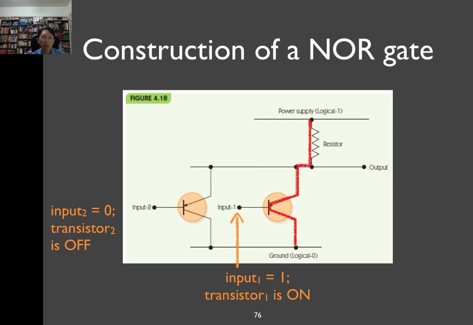Then we have one path for the current from power supply to the ground. The resistor has a voltage drop, so pulling the output to 0.